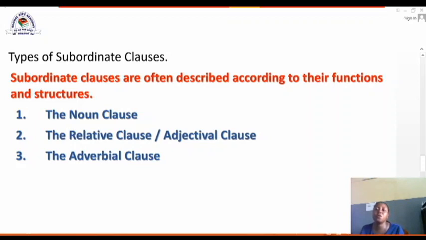So what are the types of subordinate clauses we have? We have the noun clause, the relative clause or adjectival clause, and the adverbial clause. Now, the word clause is attached to the words we have learned before. For example, we have learned what a noun is, what an adjective is, and what an adverb is. Today we are looking at these grammatical units in clauses. So we have noun clauses, relative or adjectival clause, and adverbial clause.